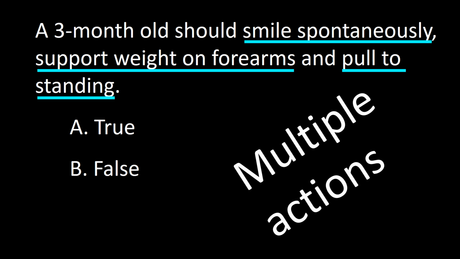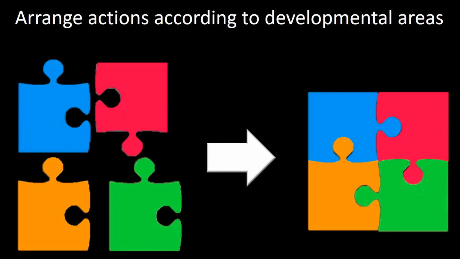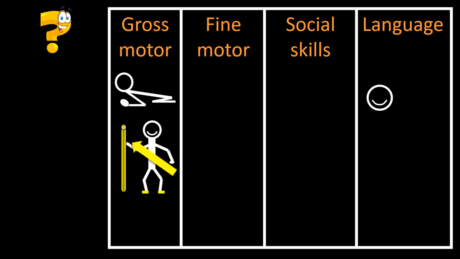These questions are approached as we did for multiple choice question when the milestones are in the stem of the question. The first step is to arrange each milestone according to the appropriate developmental area. So I have done in this frame. Notice that the area of development most represented is the gross motor area.